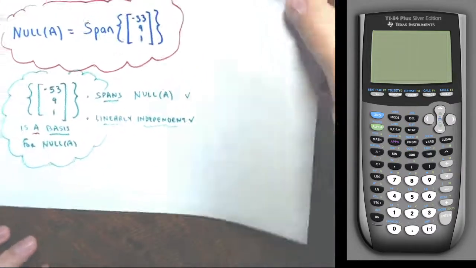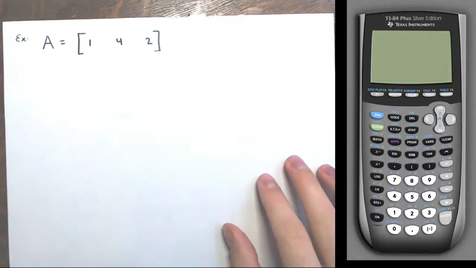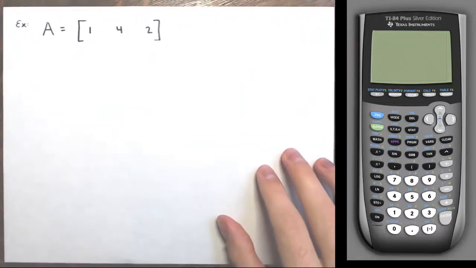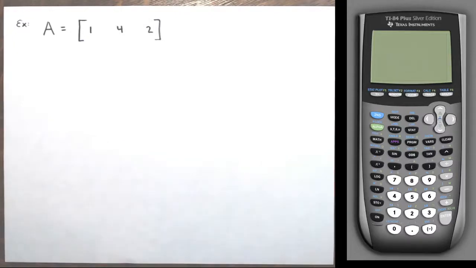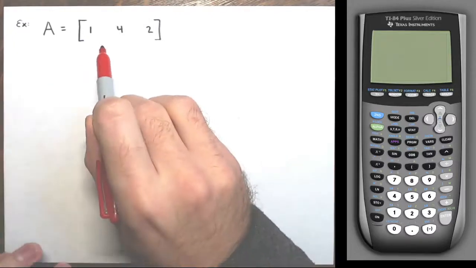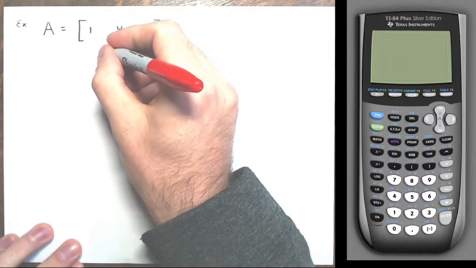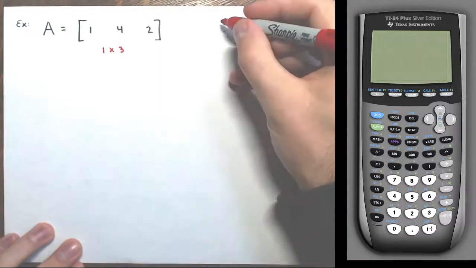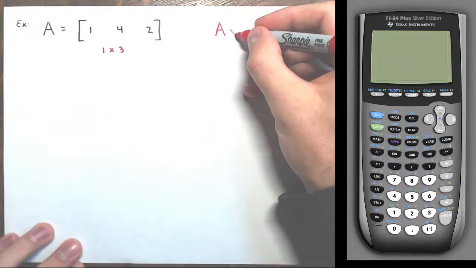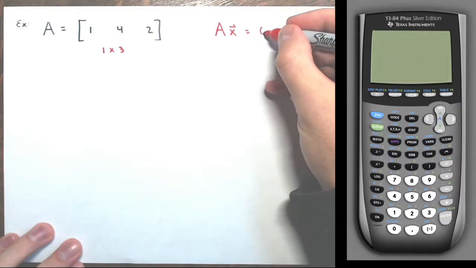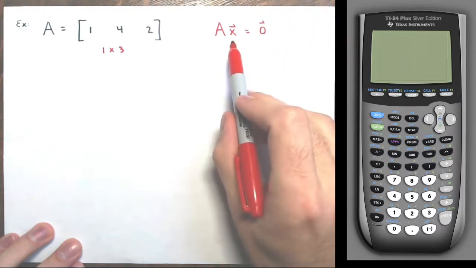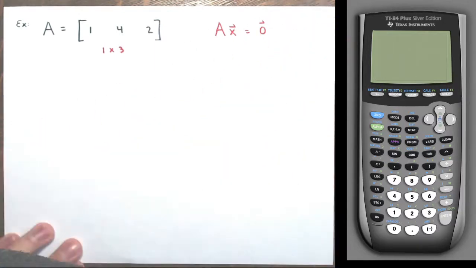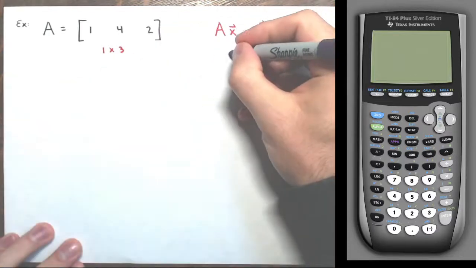Okay. So the same for the rest of these problems. All right, this one's a simpler one, I think. So matrix A here is the matrix 1, 4, 2. This is a 1 row by 3 column matrix. So when we're looking at this equation, A times X equals the 0 vector, the vector X here is going to have to be a 3 by 1, right?